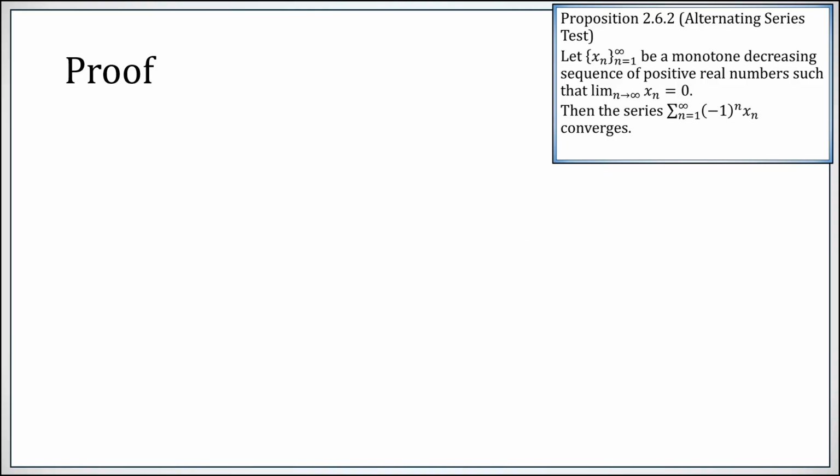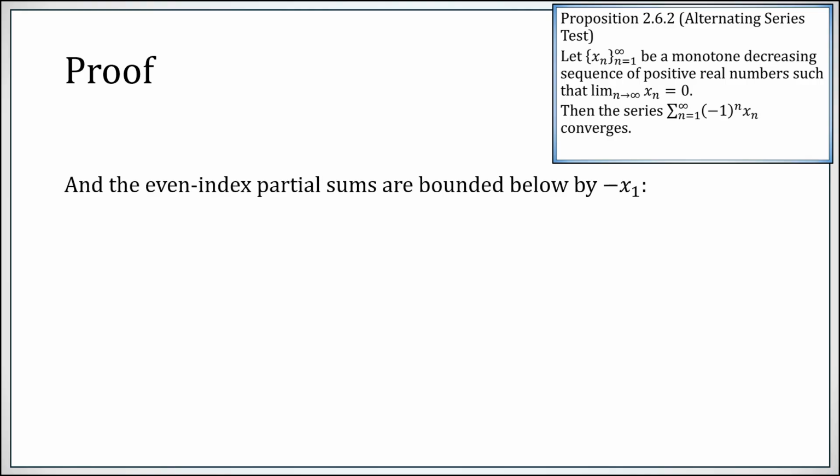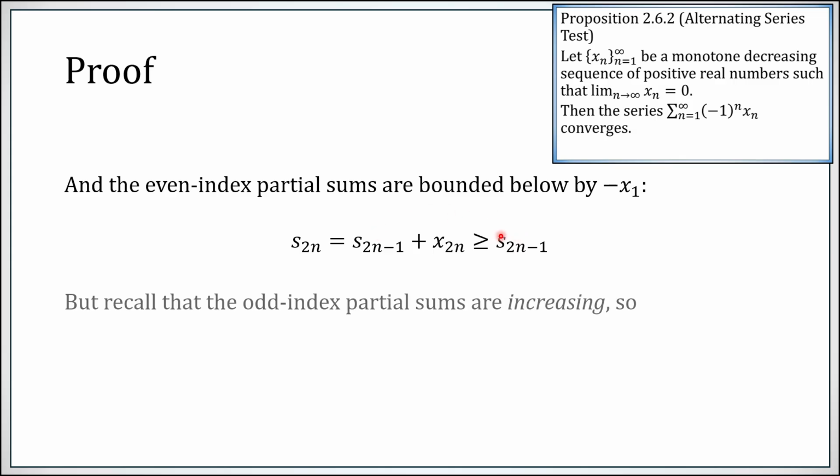Having established then that the even index terms are monotone decreasing, we just want to show that they're bounded below, specifically by -x1. So look at an even index partial sum. It's the previous partial sum plus the next term, and since this specifically has an even index, it is being multiplied by -1 to the 2n, which is just going to be a +1 here. Because our original sequence is made of non-negative numbers, this is bigger than or equal to s2n minus 1.